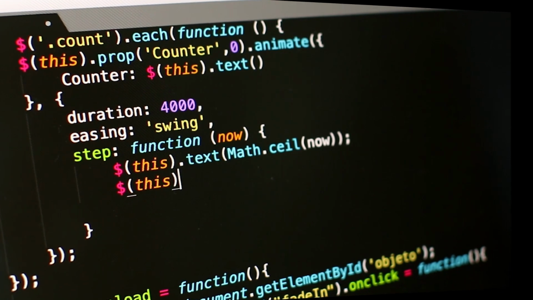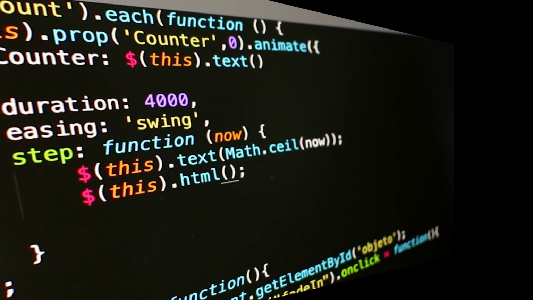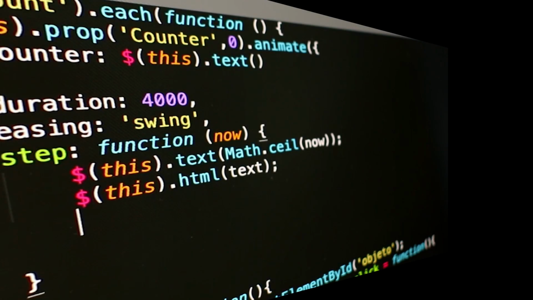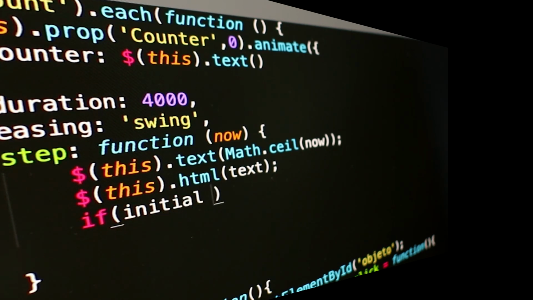It is the art of giving a computer a detailed, ordered list of instructions to follow. This list is called a program or code. Simply, programming is just telling the computer that you have to do these things, and in this order.